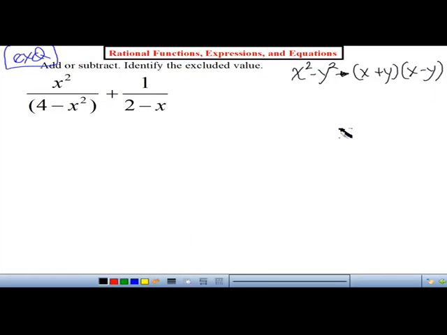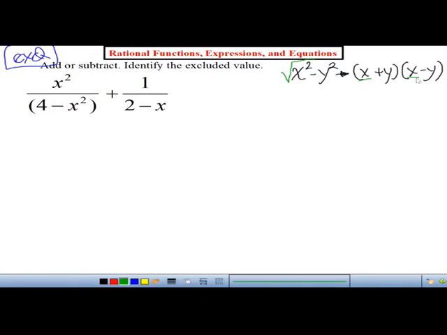Look up, if I was to multiply these two parentheses, x plus y and x minus y, I would get this. But if I go the other way around to get from here to here, these are the things that I need to check. What do I need to check, Mr. Q? Well, first, to see if you can take the square root of the first term. What number times itself gives us x squared? Oh, x times x.